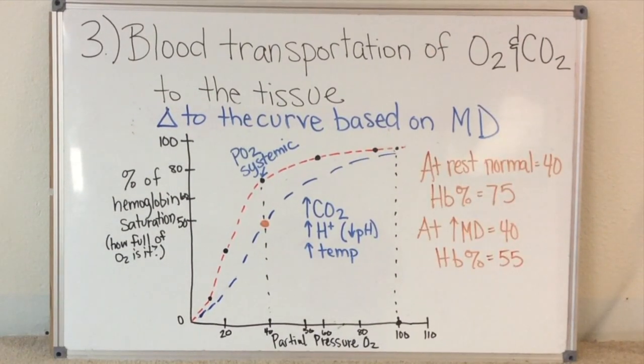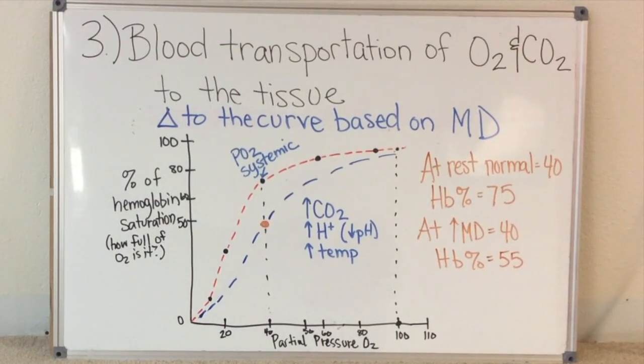If we had normal concentrations of carbon dioxide, hydrogen, and temperature, we would have a hemoglobin saturation of 75%. If the tissue becomes more metabolically active and sees an increase in carbon dioxide, hydrogen, and temperature, at the same partial pressure of oxygen, the hemoglobin will be forced to give up a larger percentage of oxygen to the tissue.